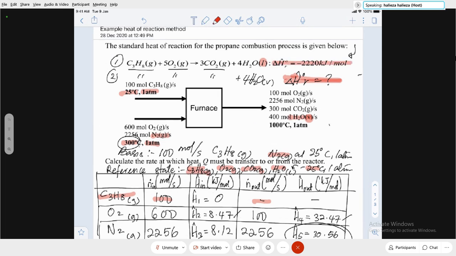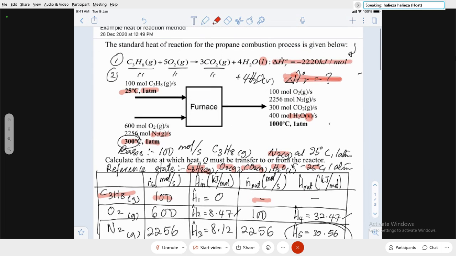But if it's not available, then either you need to calculate it, and you know how to calculate it, because we have covered that in the earlier part of this chapter, how to calculate the heat of reaction. But if you don't want to calculate it, or you just cannot calculate it, then you have to use the heat of formation method to solve for the energy balance.